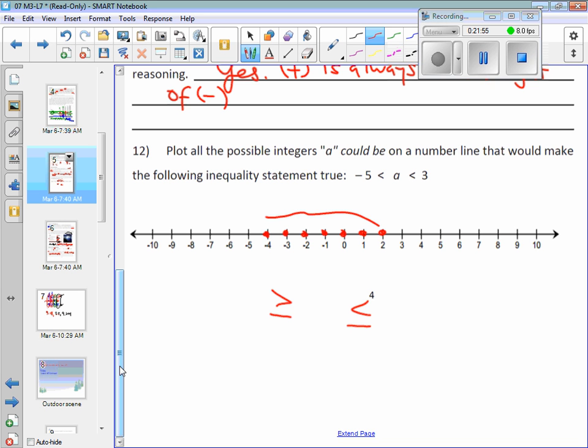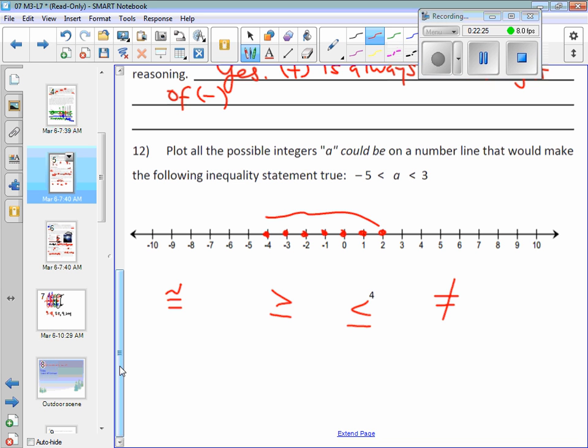In this case, I cannot include -5 or 3 in my set. That's not equal to. Then, do you know what that is? Yeah, it's a worm.